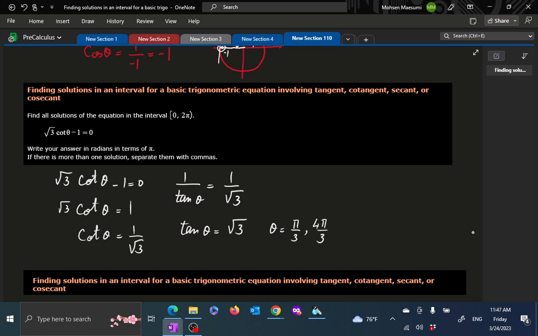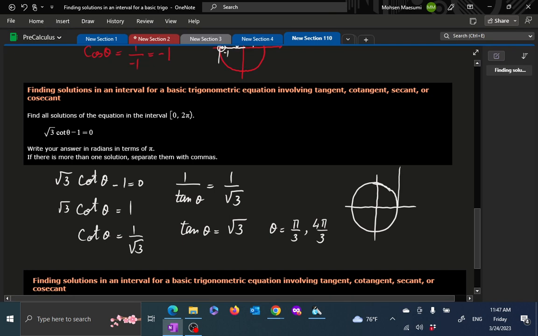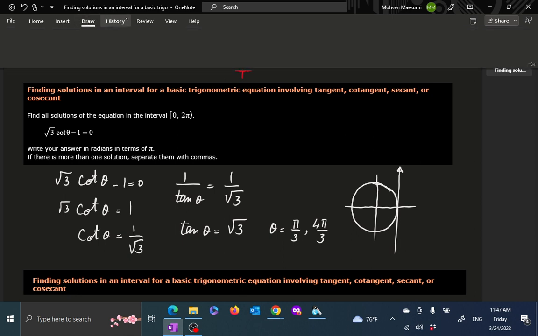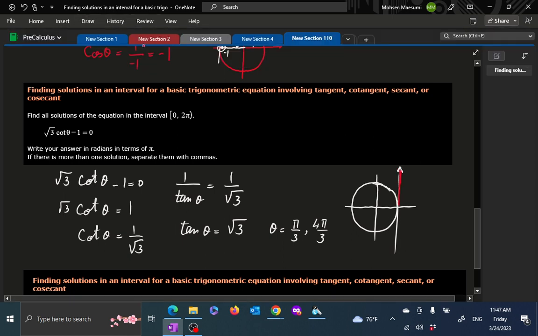How can we eyeball this thing and make sure we are on the right track and numbers make sense? The way we do is take the unit circle and draw the tangent axis to it. Tangent axis is this axis. We draw radical 3 here. I draw a line segment that would be equal to radical 3.